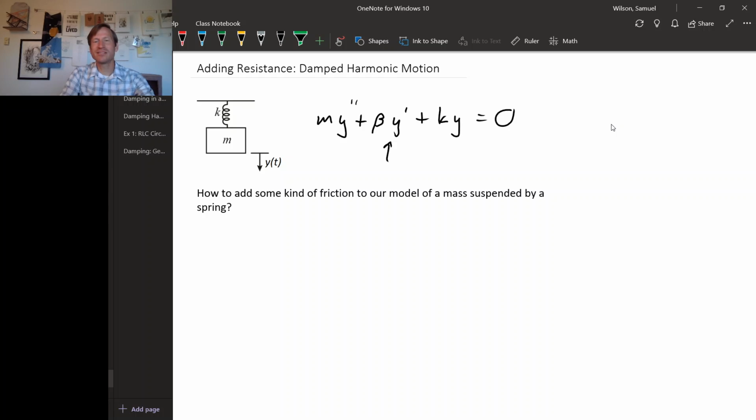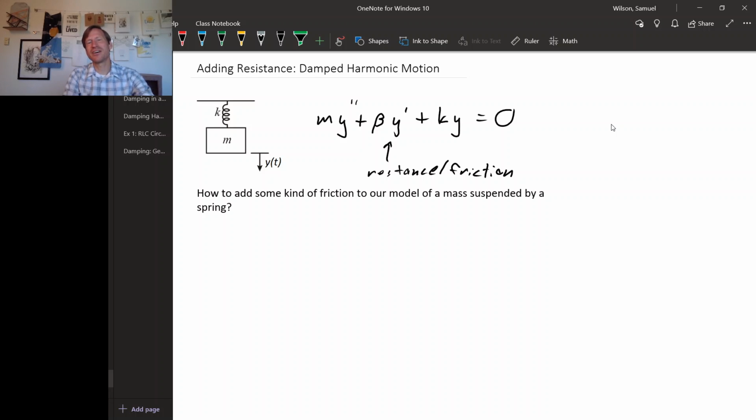if we have some constant beta times y prime, what we're saying is that our resistance term or friction term is proportional to the velocity at which the mass is moving, which kind of makes sense. Air resistance, at least under some models of air resistance, is proportional to the velocity at which the object is moving.